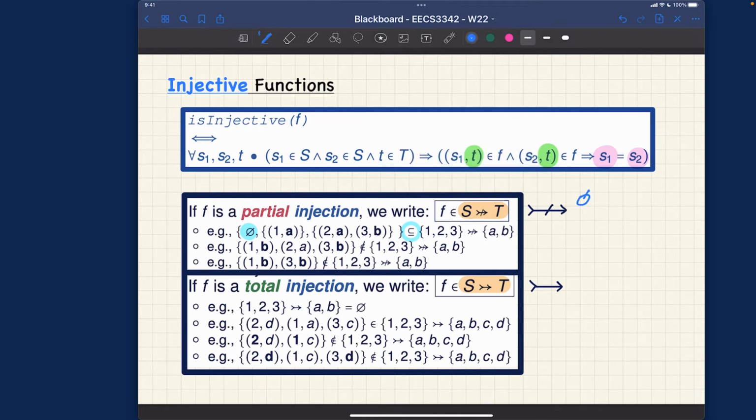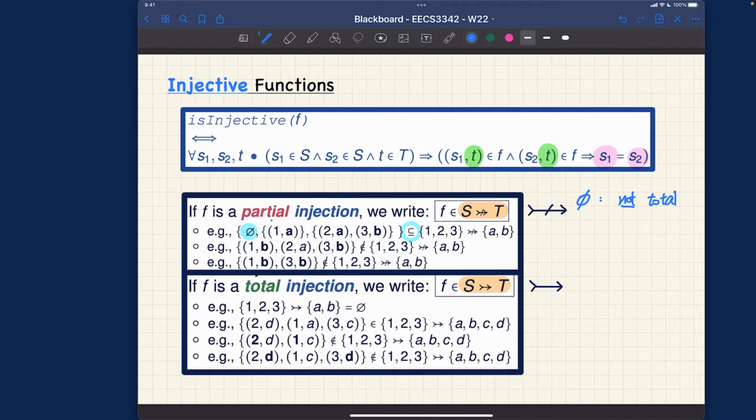First of all, it must be partial. It cannot be total. Why? If it were total, that would mean the domain has to be exactly equal to 1, 2, and 3. But the empty set contains nothing, the empty relation or empty function. So it's definitely partial.